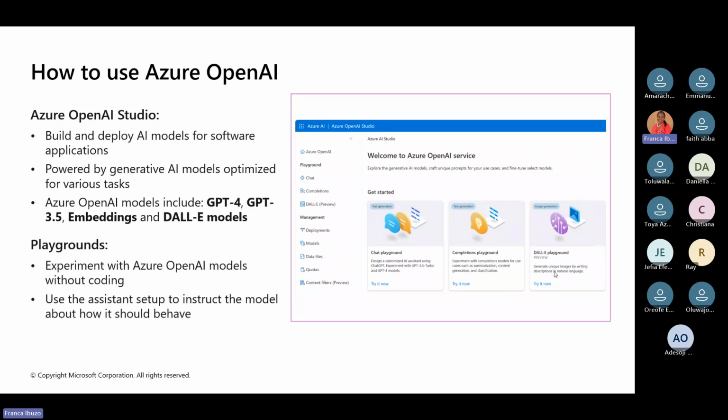The chat playground you use to design and customize an AI assistant using ChatGPT, experimenting with the GPT-3.5 Turbo and GPT-4 models. And the completions playground is to experiment with completions models for use cases such as summarization, content generation, and classification.